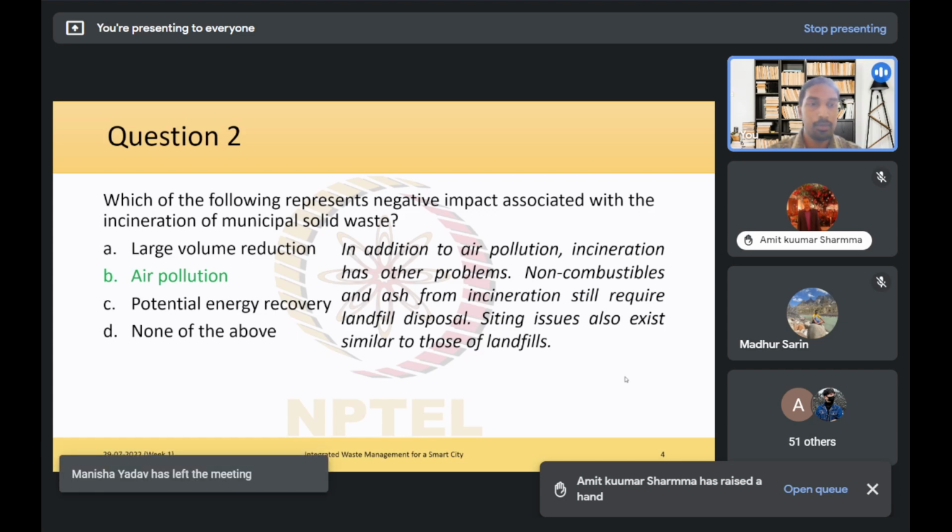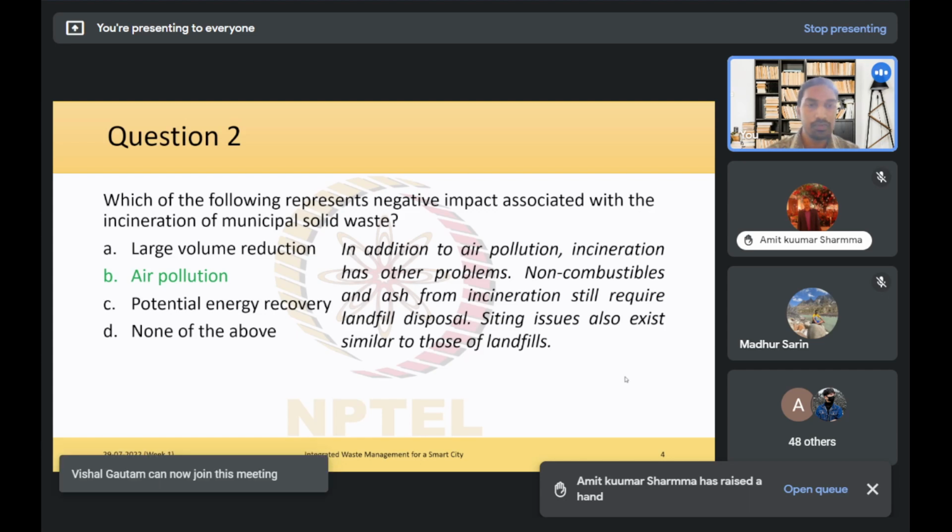The combustible materials will then be burnt in that chamber, and the heat will be recovered from this chamber for steam generation and then electricity and so on. There will still be some residue which will be sent to the landfills. So that is one way.